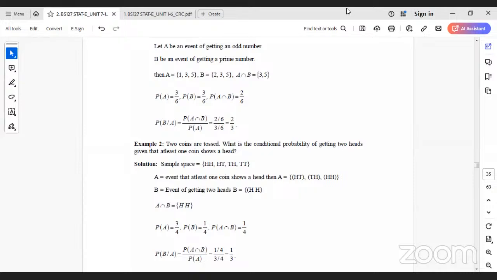The intersection with B, both heads, is 1 by 4. So 1 by 4 divided by 3 by 4 gives 1 by 3. Clear? Clear, sir.